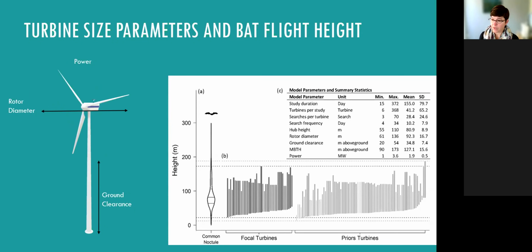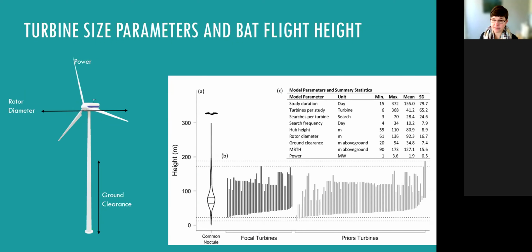We then used our Bayesian model framework to examine the relationships of our focal turbines relative to the Priors. You can see the variation within the data set of the number of turbines per mosaic, the rotor diameters across our data set, as well as the hub height, ground clearance, etc. And for the power, all of these turbines had a minimum of a 1 megawatt design, with the maximum being a 3.6 megawatt turbine.